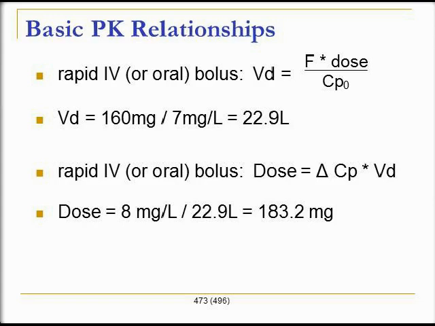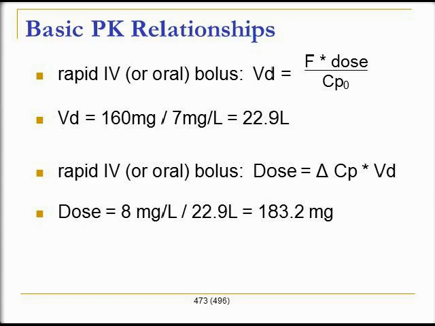We then know that when the concentration hits 1, in order to get up to 9, we're going to have a change in concentration of 8, going from 1 to 9. And so the dose we need to give is 8. That actually should be times. It says divided there on the screen now. 8 times 22.9.